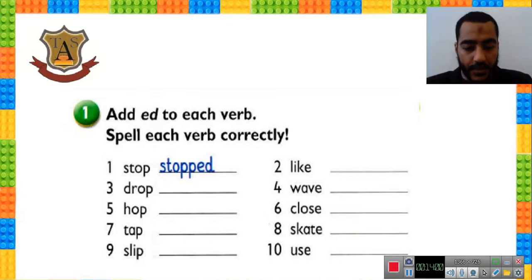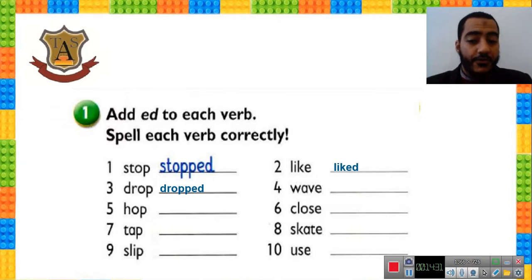It becomes liked. Number 3, drop. Dropped with one p, or we have to double the letter p. It becomes dropped. And of course, it is pronounced like dropt, not dropd, because it ends with p sound.